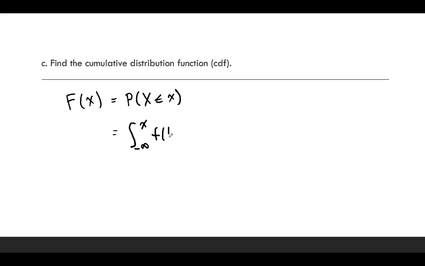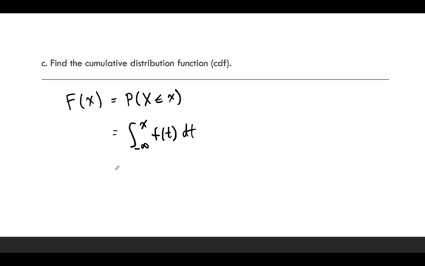I'm going to do one little thing here, which is use a dummy variable. I'm already using x for my function, so this is a different variable. It's being substituted here for these bounds. So I did a slight change of variable. It's just a dummy variable, just because x is already being used, so I changed it to t.